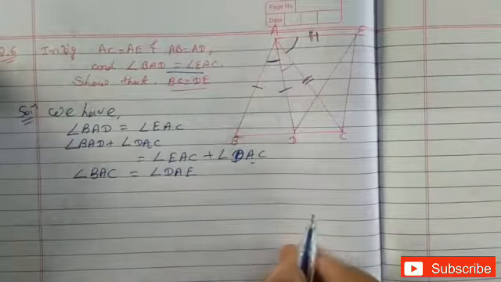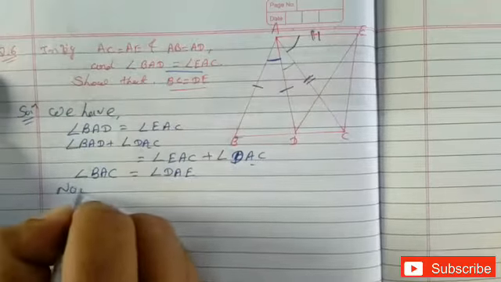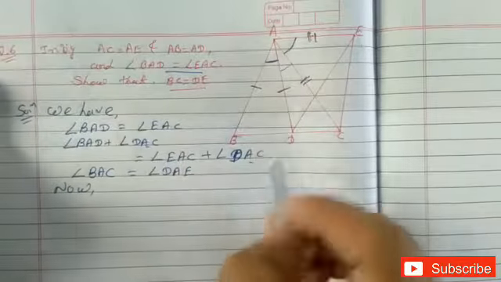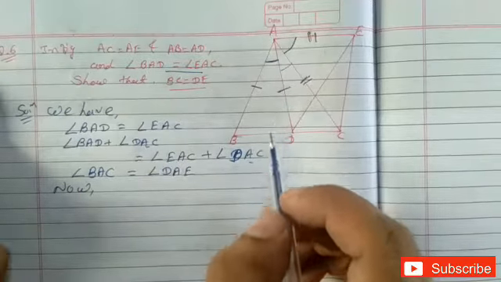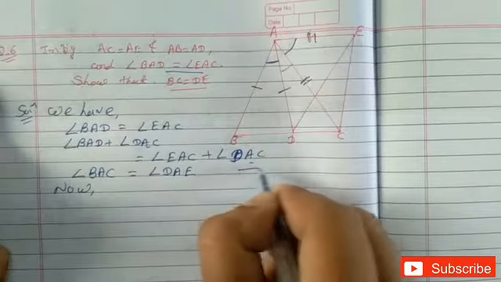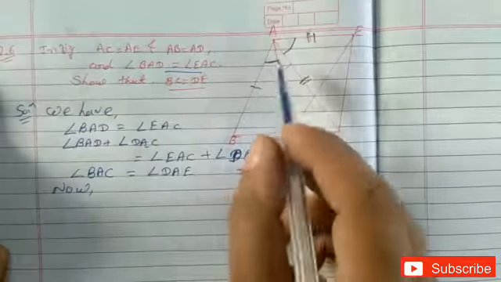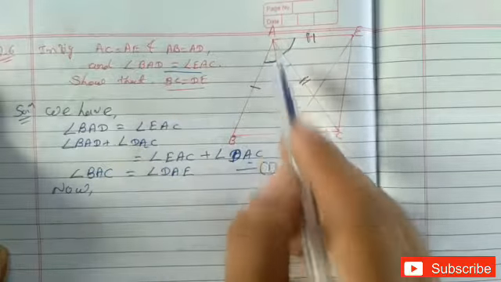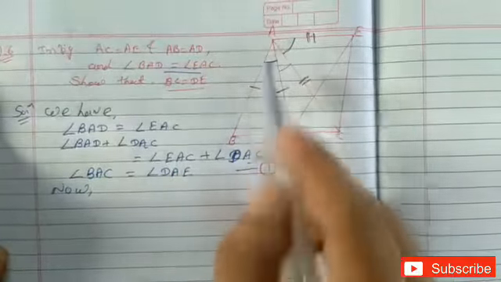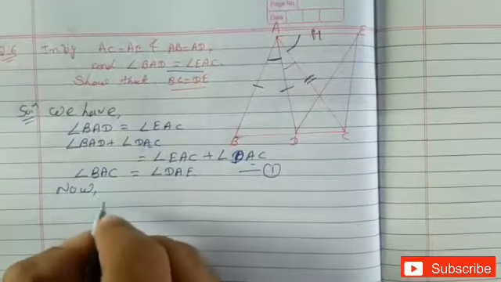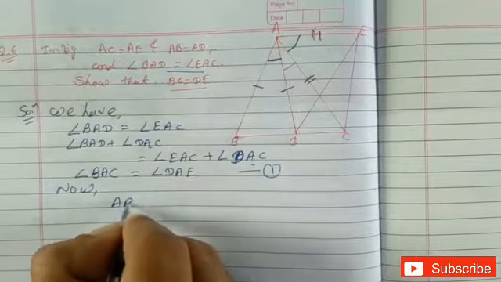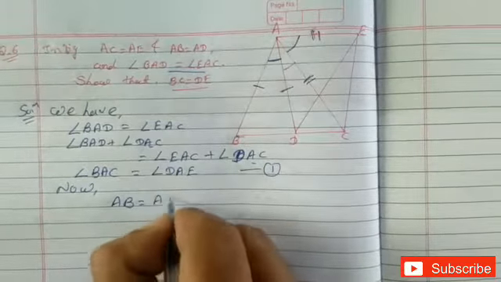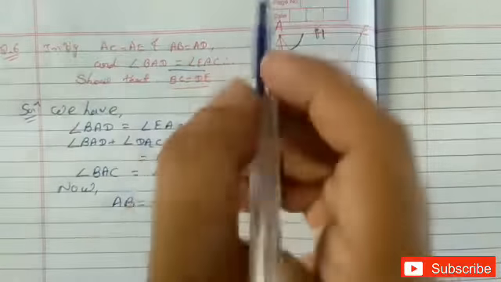Now in this question, first, I gave it name 1. Okay. First is AB. This AB is equal to AD. Am I right? AB is equal to AD. So write down, AB is equal to AD, which is our given.